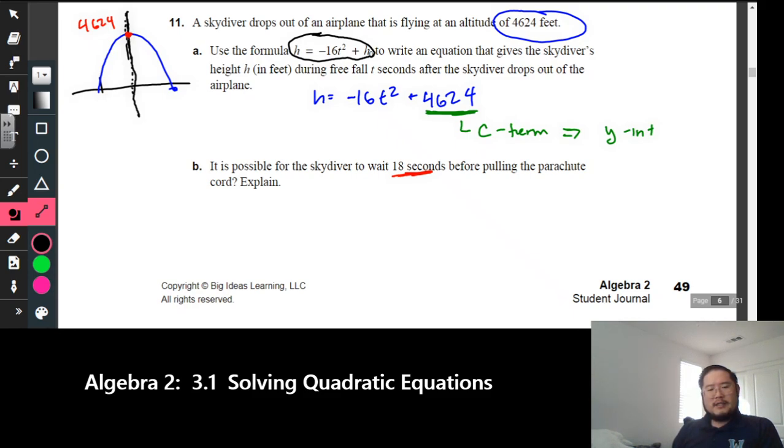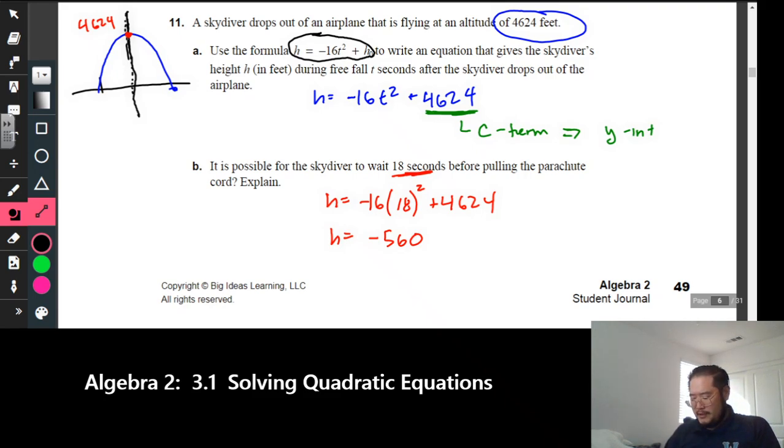Well, we have our equation. We have height is equal to negative 16, and then we have time as being 18 seconds, and the rest of the equation as plus 4,624. So let's figure out what the height is. You could use your calculator. And right here, I get height as negative 560.